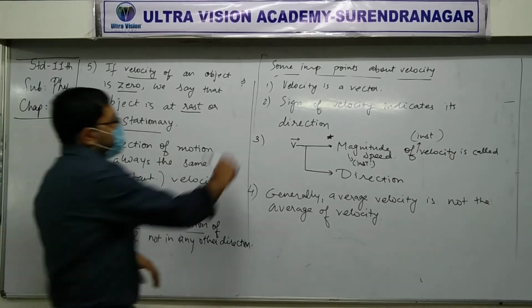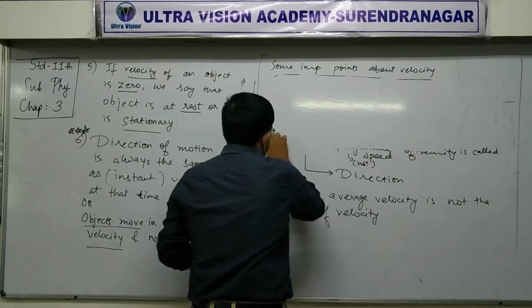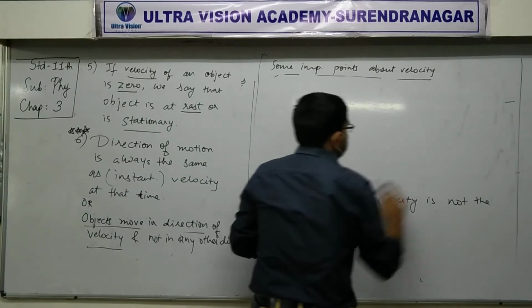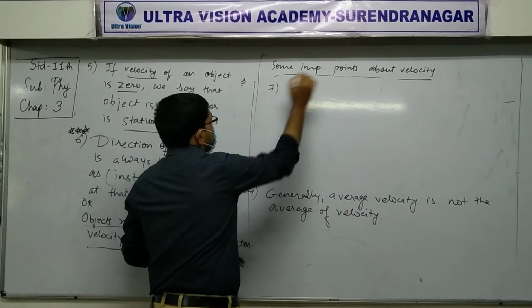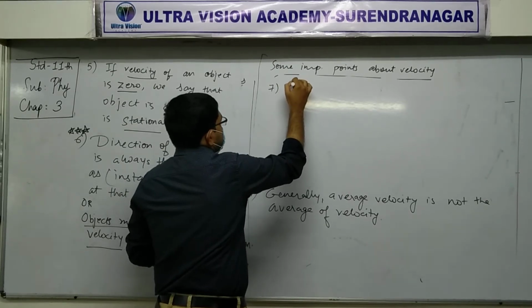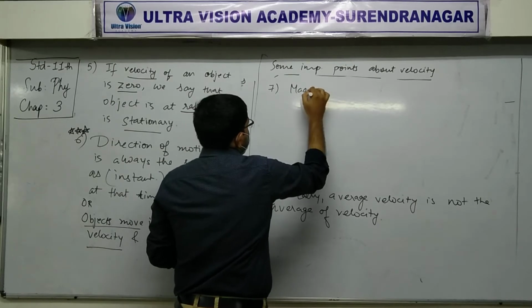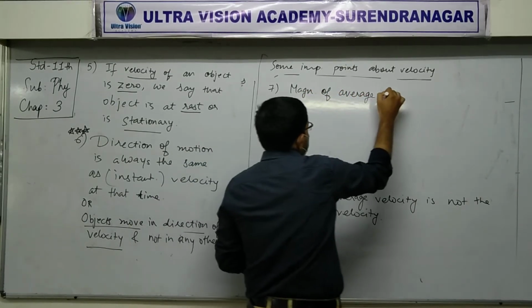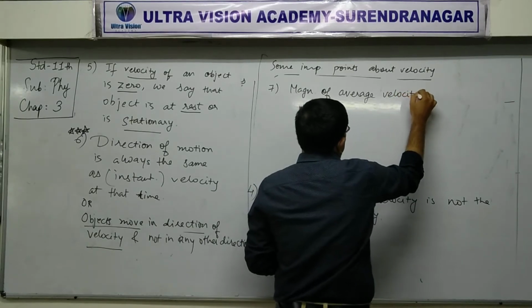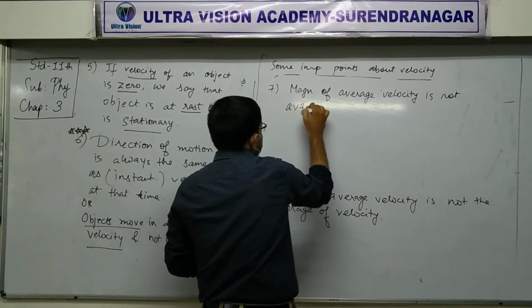Alright? Now, one more. Let's go to number 7. Magnitude of average velocity is not average speed.